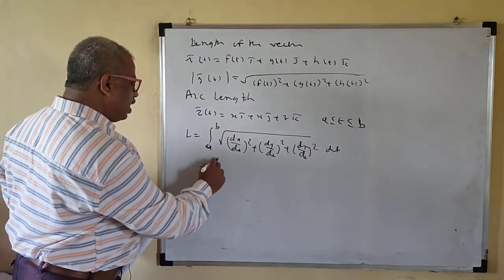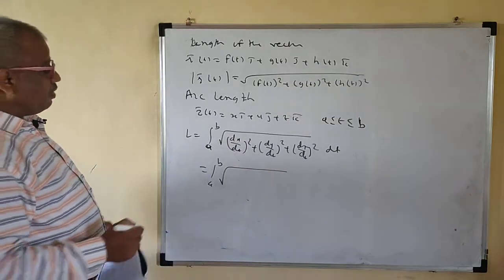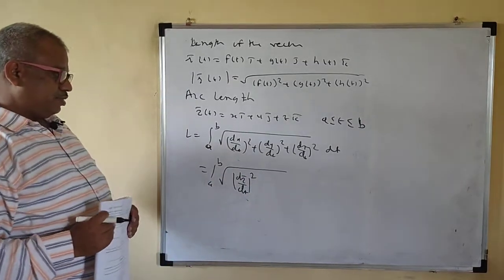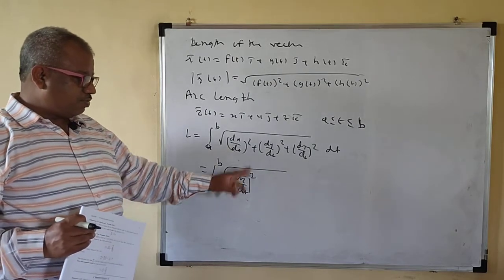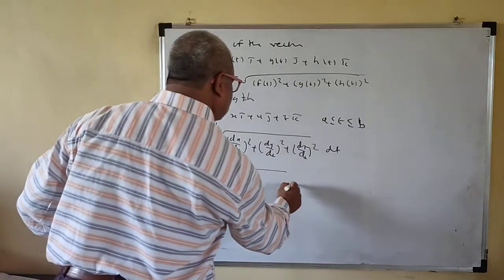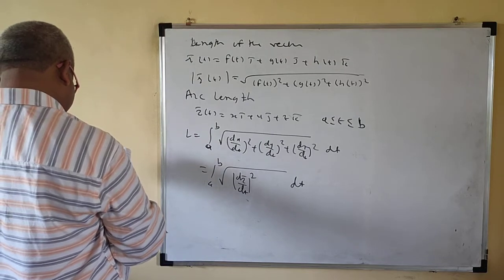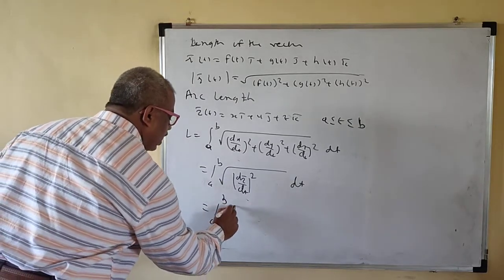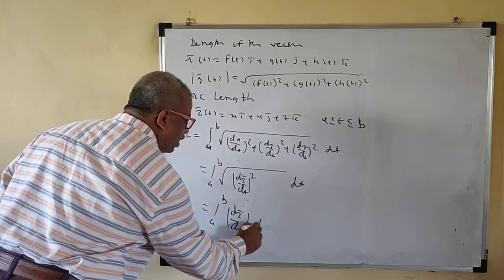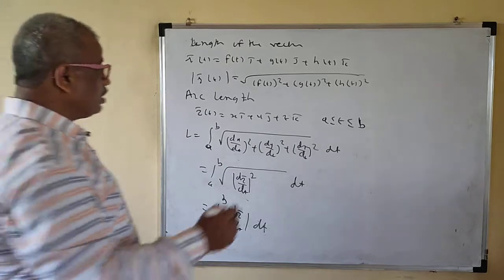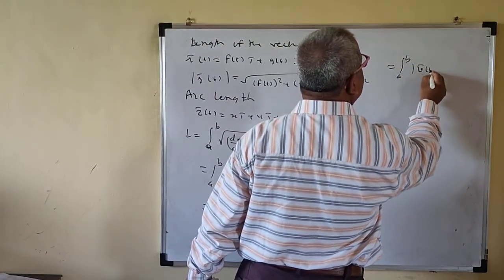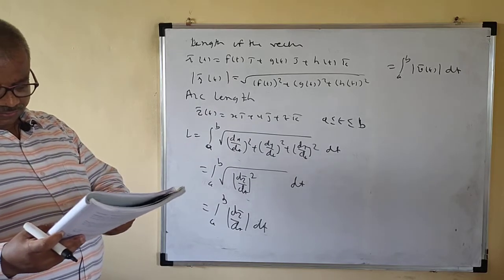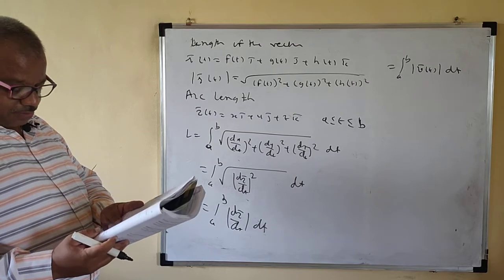Now we can write this as the integral from a to b of root of the modulus of dr bar by dt whole square, dt. So this is the integral from a to b of modulus of dr bar by dt, which is nothing but the integral from a to b of mod of v bar of t dt, where v bar is the velocity. This is the length of the arc.